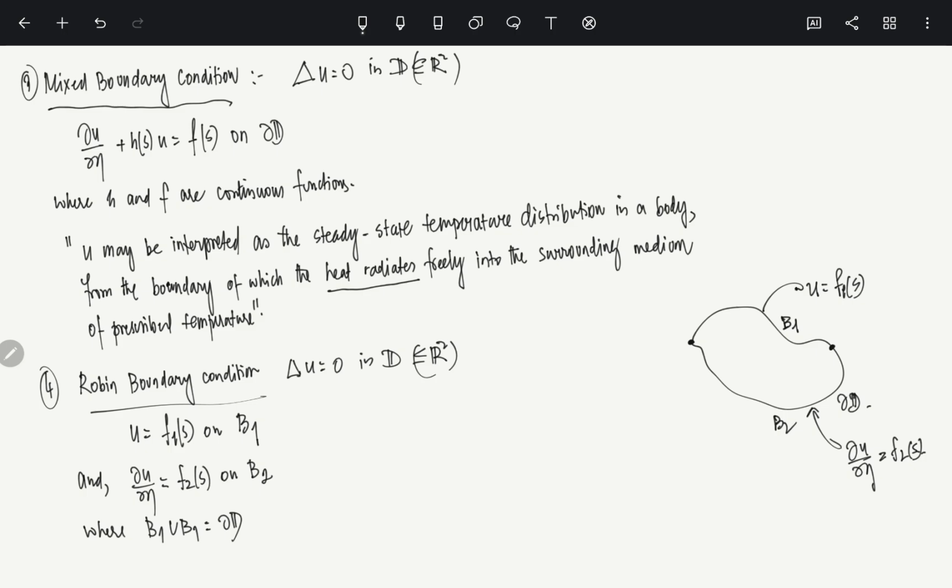So essentially what I am doing is this: I'm saying that in some part of the boundary u satisfies u = f1, where f1 and f2 are continuous. Clear? So in some part u = f1 and in some part the Neumann boundary condition is satisfied. Now you have to find a solution of this problem.